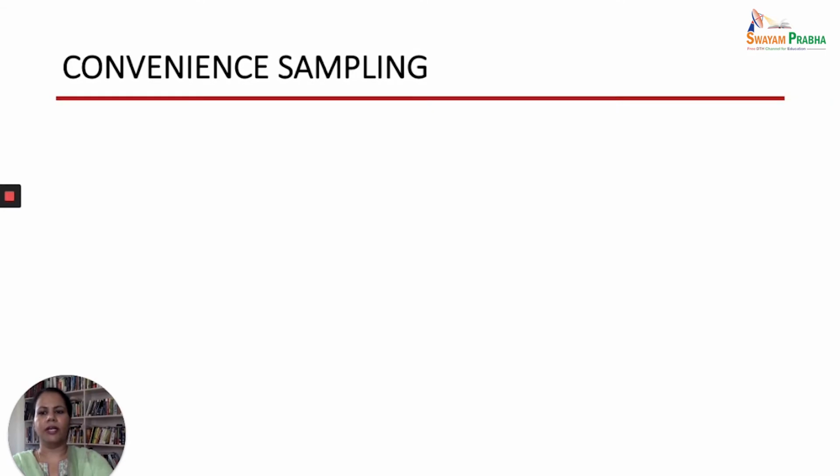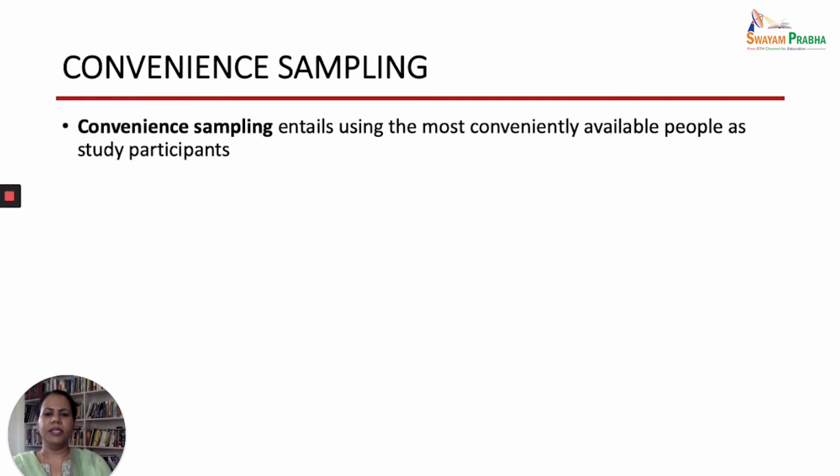First of all, let us talk about convenience sampling. Convenience sampling entails using the most conveniently available people as the study participants. Whichever people we can get conveniently, we include those subjects in our sample. That is why it is known as convenience sampling.